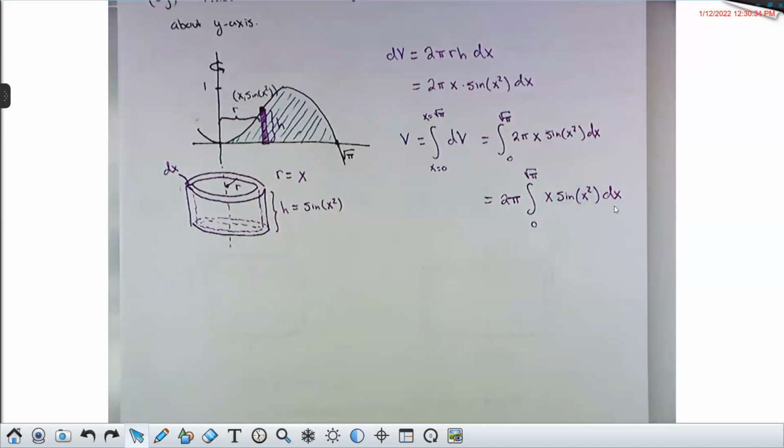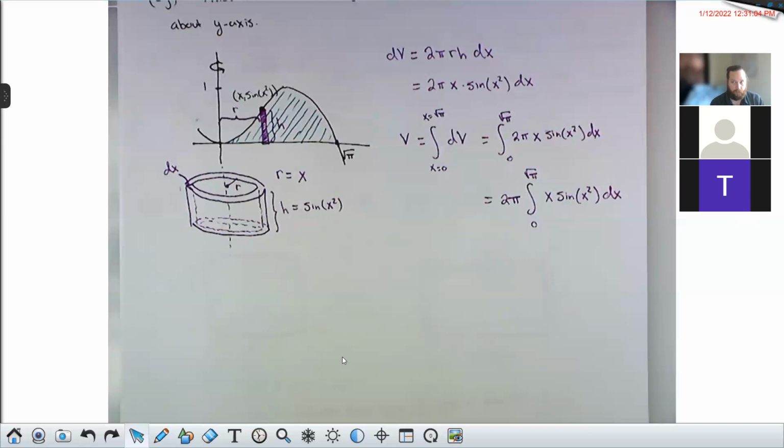There's a suggestion in chat to make a substitution. Okay, good, better. So subbing z equals x or u equals x, that will never change anything, right? If you just make the substitution u equals x or z equals x, then everything stays the same. You're just relabeling the variables.